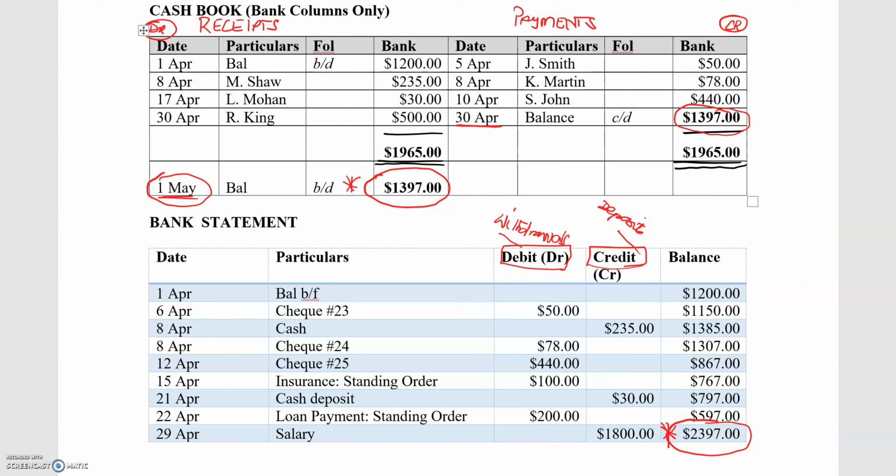So let's follow the procedures that we have been taught in video 2 and perform or calculate and prepare the bank reconciliation statement.